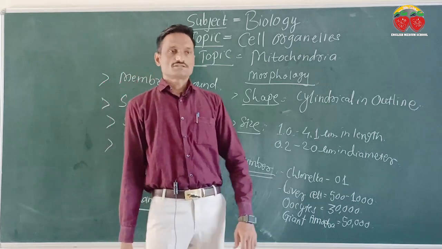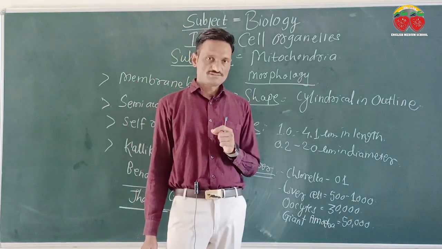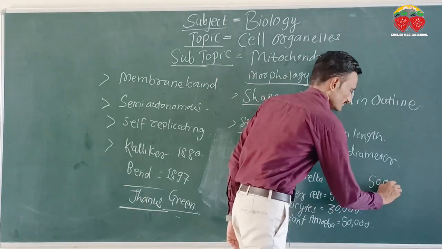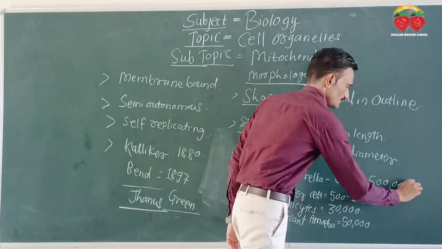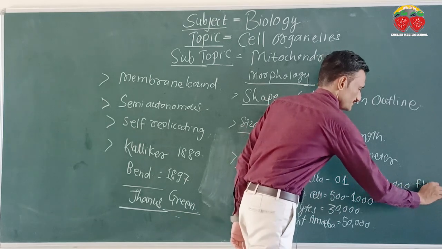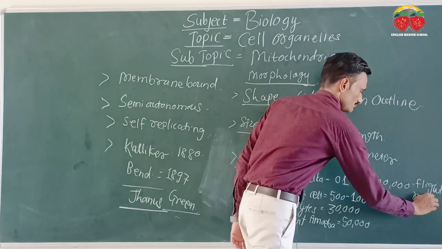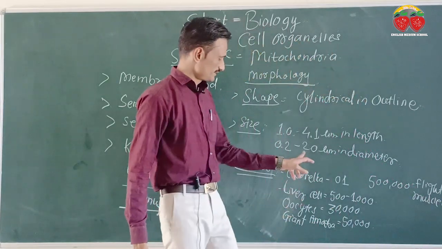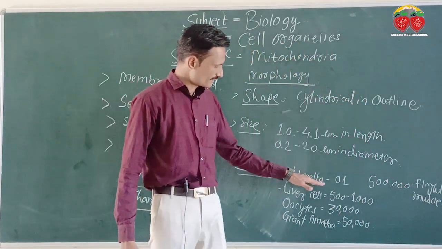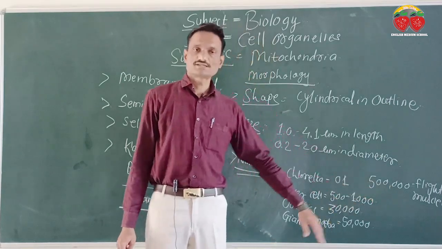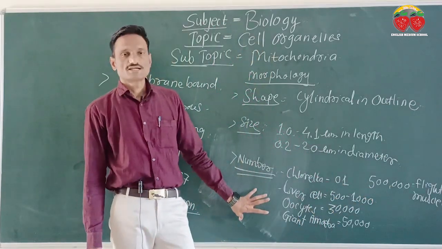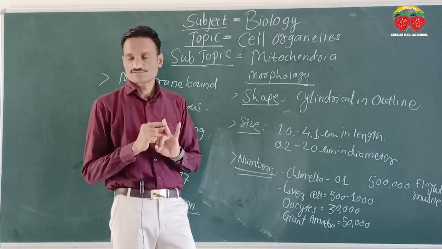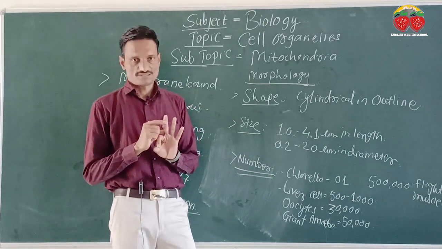And in case of flight muscle cells of insects, there are 5 lakh in number. So this indicates that the number from 1 up to 5 lakh depends on the activity of the cell, type of cell or function of the cell.